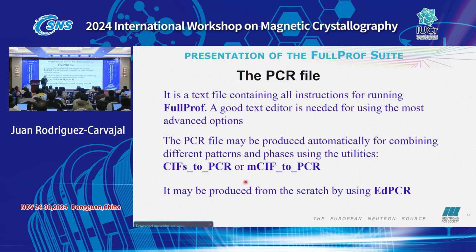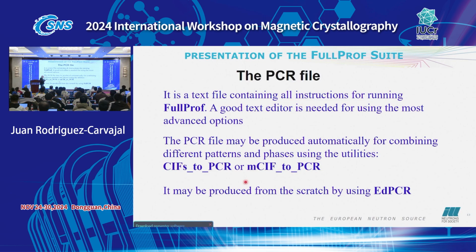The people that start to work with FullProf have a major difficulty at the beginning. That's always the case because it's not a program that is guiding you on the treatment. You have other programs where you click sequentially in different places, and then you can just do a calculation without editing any file.